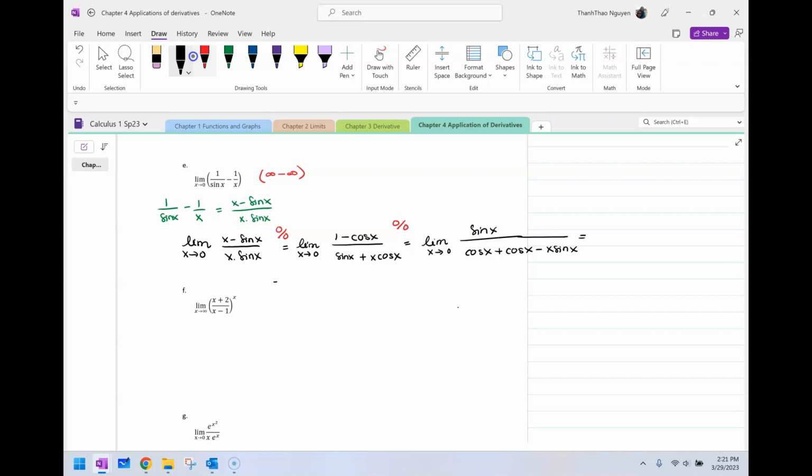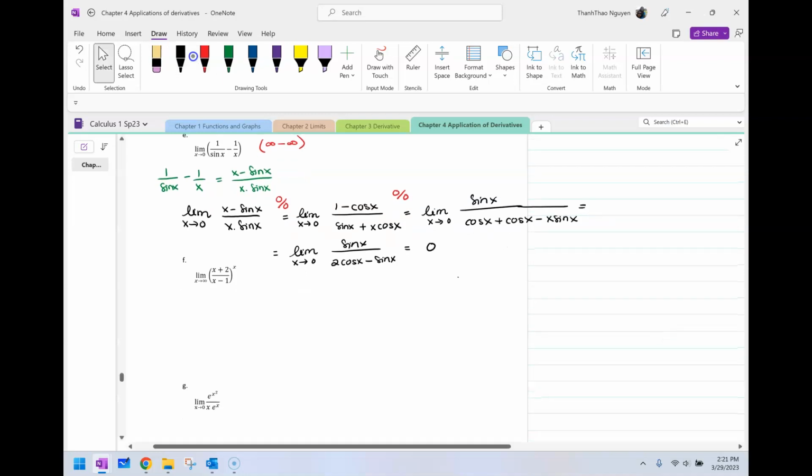This equals the limit as x approaches 0 of sine of x divided by 2 cosine of x minus x sine of x. So then this is equal to 0.